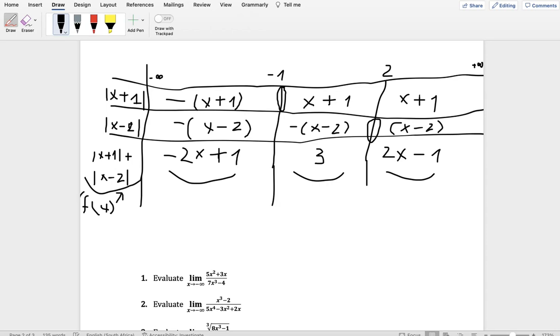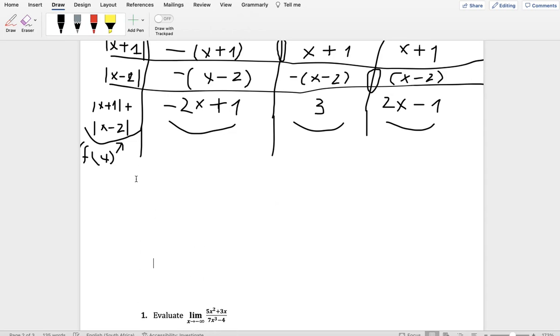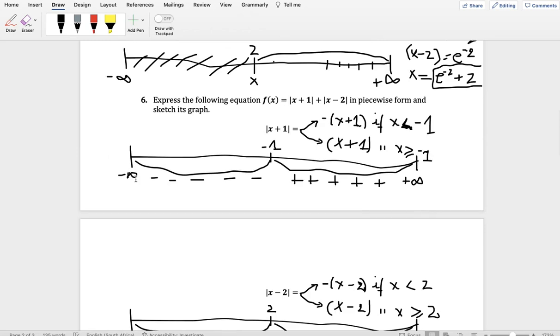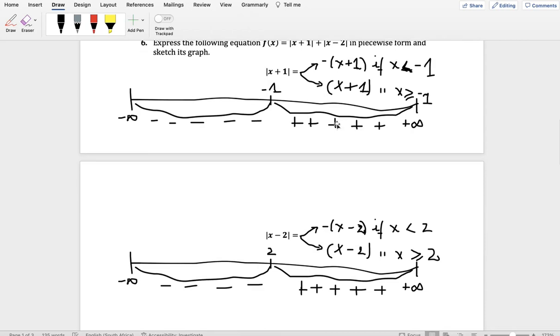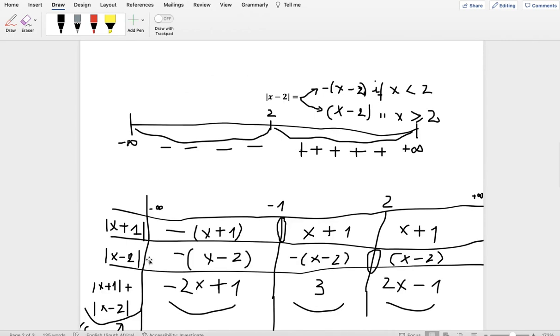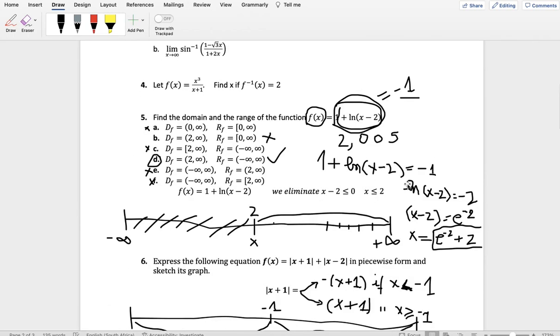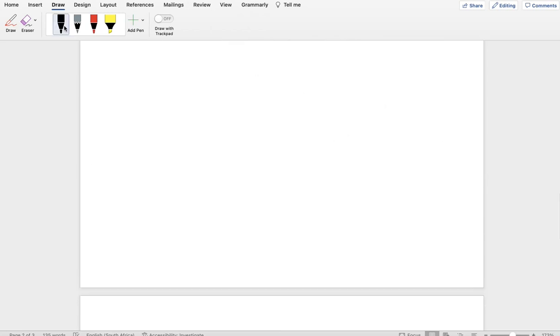Now if we had to plot this, which is what I'll do just now, remember the question is asking us to first express it in piecewise form, which is just what we did here, and then sketch the graph. Again, this will be a rough sketch. It's not exact, but it gets you to the point.